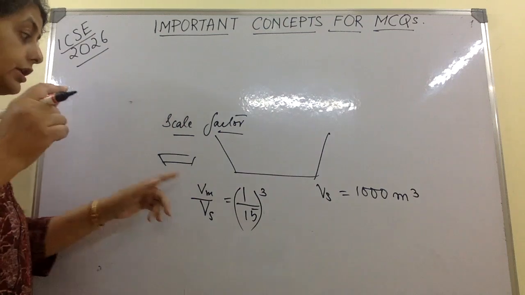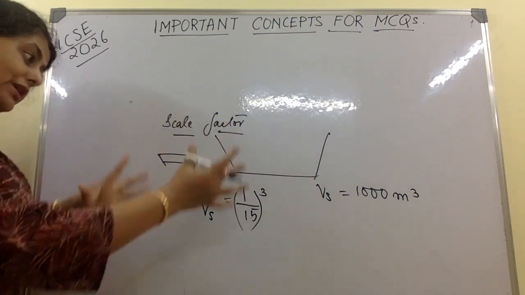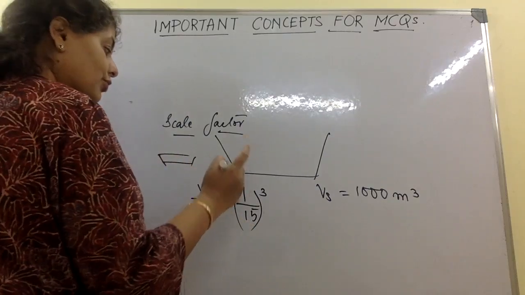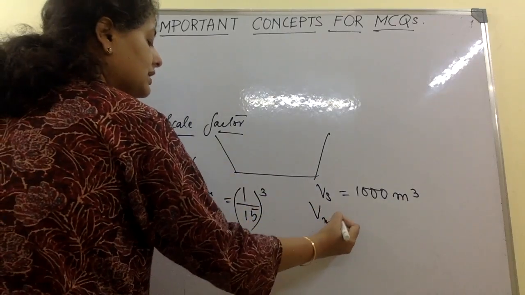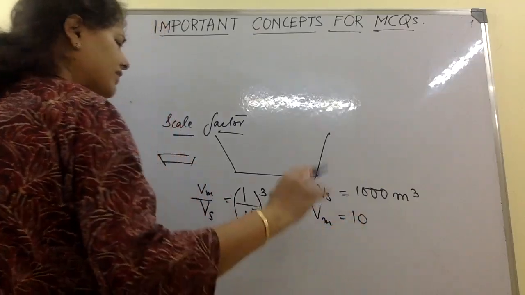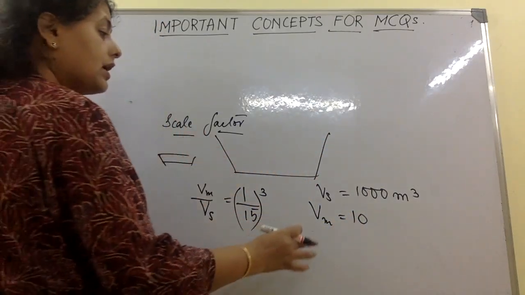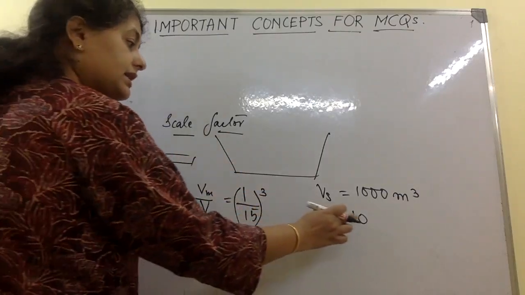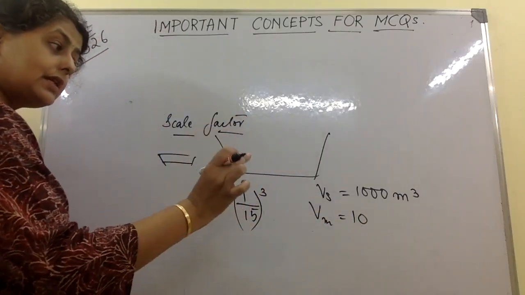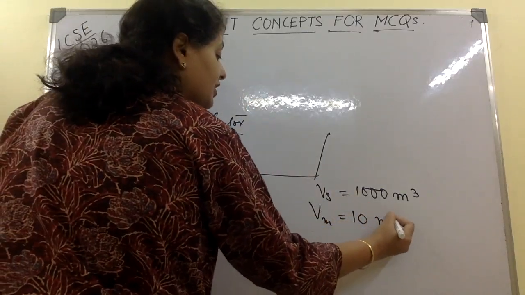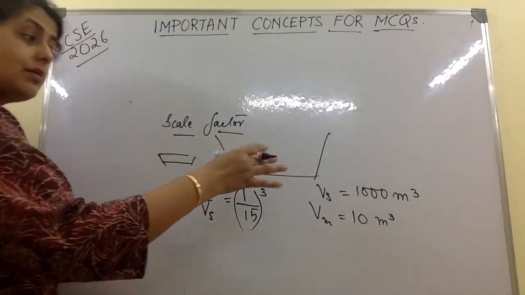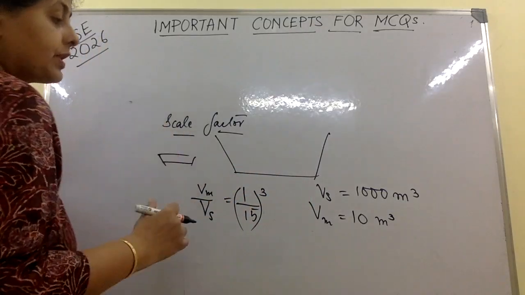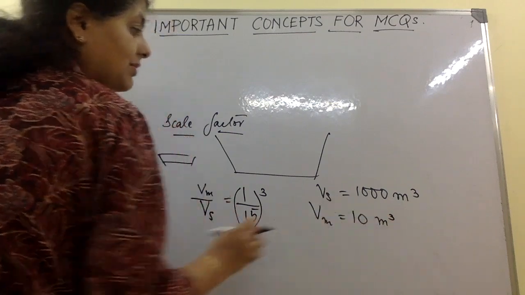Then be careful, after doing this question, your model ship's volume, supposing it comes to, let's say, 10, just giving an example, it has nothing to do with the sum. If the value comes to 10 after doing the sum, then that 10 is also in meter cube. It can also come in decimal numbers, so that is also in meter cube.